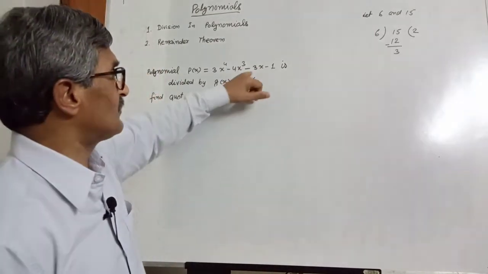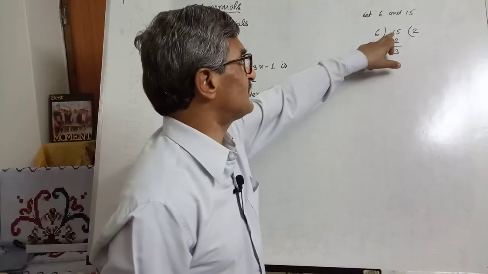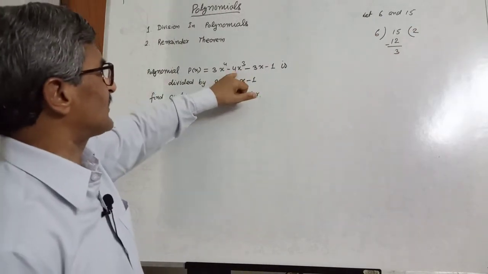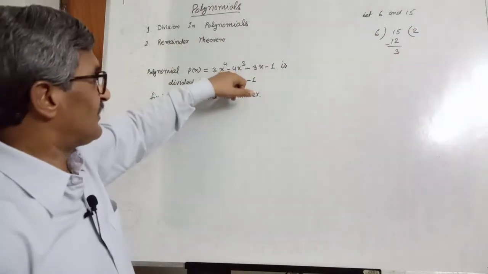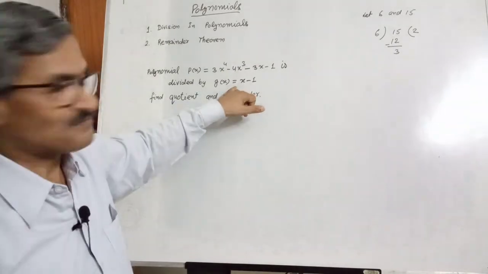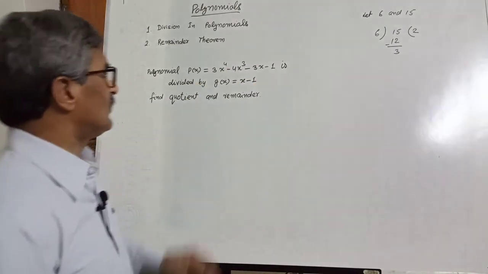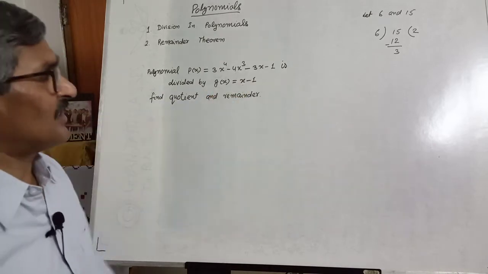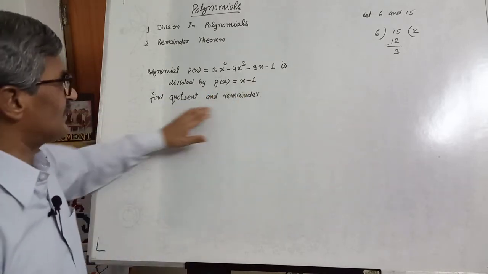Two polynomials are given. Here two numbers were given, 6 and 15. Here two polynomials are given. This is dividend and this is divisor. So now we are going to divide this polynomial by this polynomial. Then how do we get the quotient and remainder?